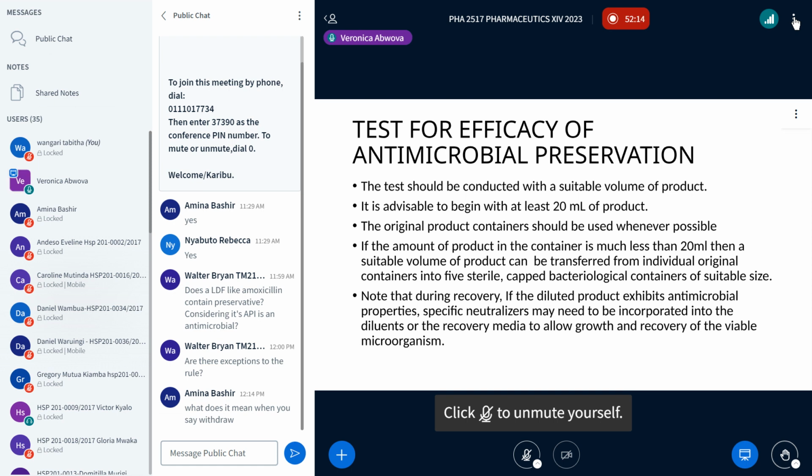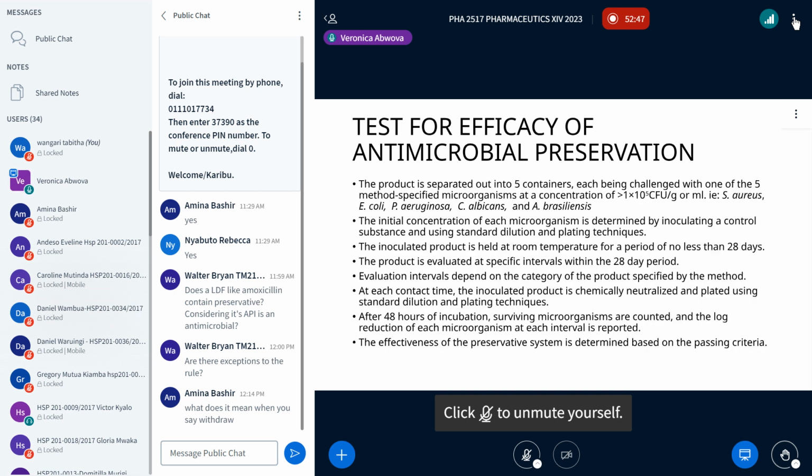They should not multiply in the product. But how are we able to tell that these microorganisms actually died? We cannot tell unless we plate it. We pick a sample from the product, put it on growth media, and wait to see whether we will see any growth.